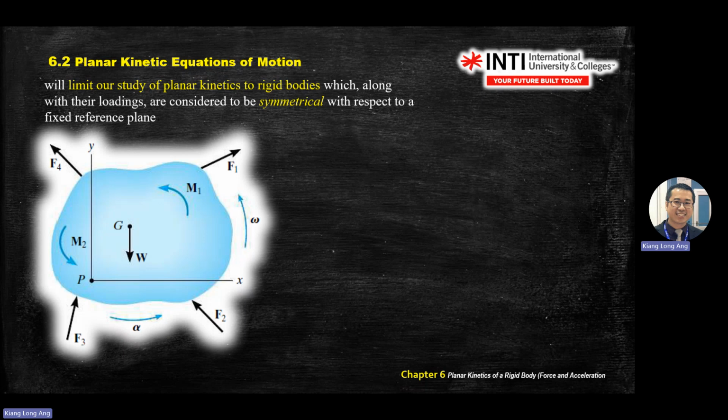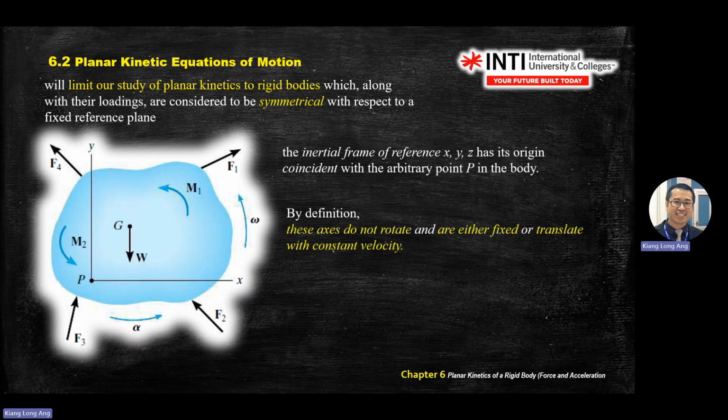If you look at this diagram, it might be complicated, but again, it's still an F equal to MA diagram, where there's the rotation of alpha and omega, there's a center of gravity, there's a weight, and so on. So this one you read.